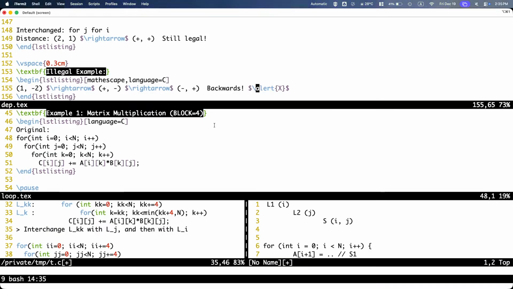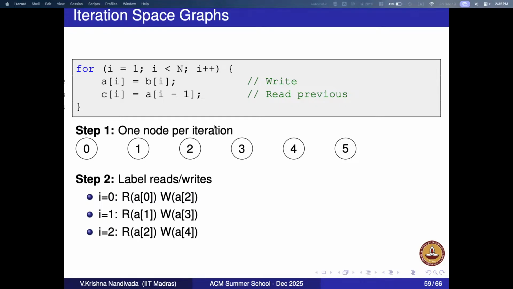Give me a quick sec. Yes, you know what I did? I copied the wrong code here. Never mind. I copied the wrong code. I equal to 1, I equal to 2, I equal to 3. For I equal to 1, I am reading A sub 0 and writing A sub 1. Yes, that's right.